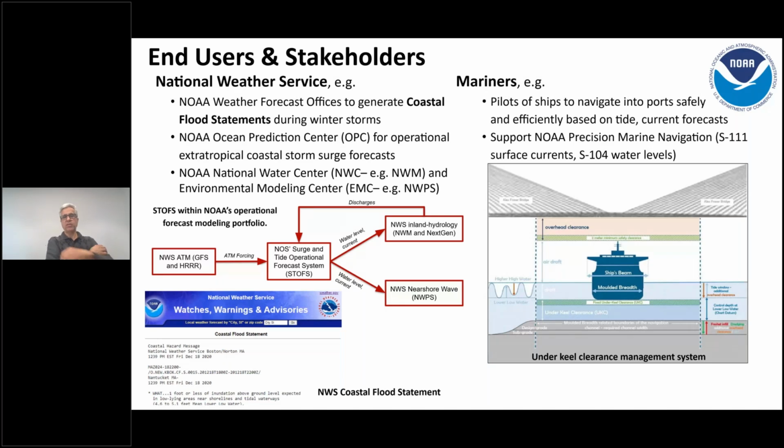However, being from Office of Coast Survey, we are also heavily invested in supporting mariners and navigation and the commercial economy at the coastlines. And with this, I would like to turn it over to you, Atia, to continue the conversation.